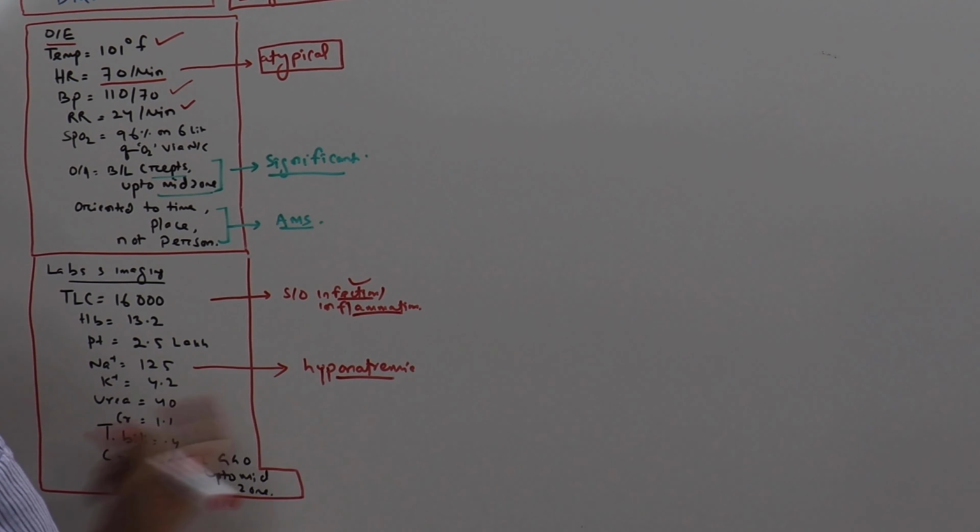But in this particular case, there is no consolidation in the lung. However, as you can see here, there is bilateral GGO up to mid zone. So this is something not usual.